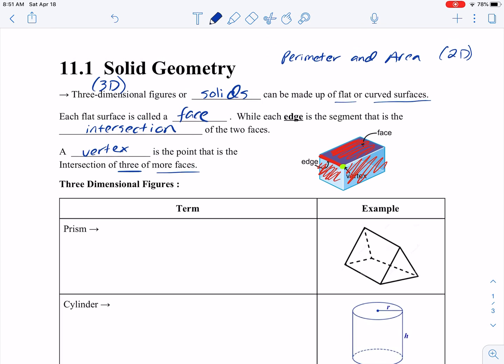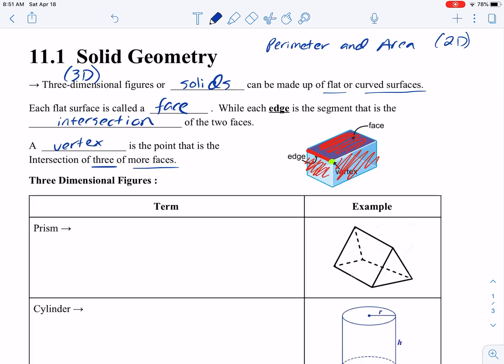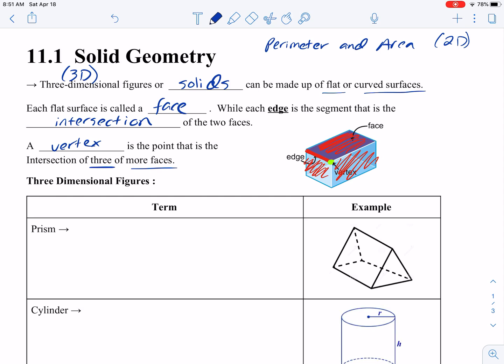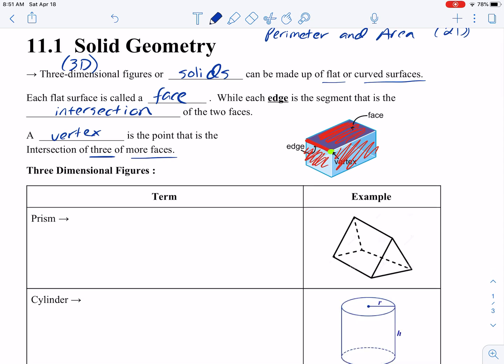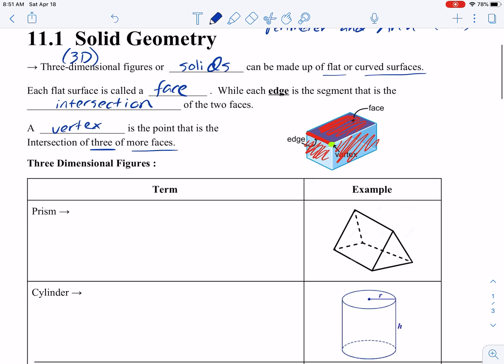Really, the rest of this first lesson is just going to be practicing naming three-dimensional figures. And before we start naming three-dimensional figures, we need just a base understanding of what some of these common solids are. So we'll start with a prism.